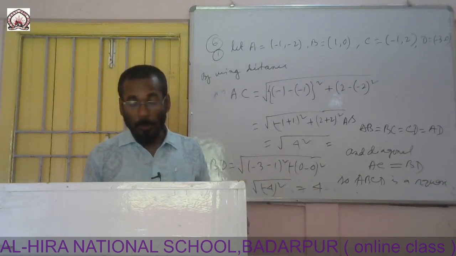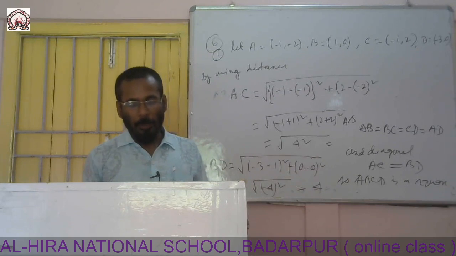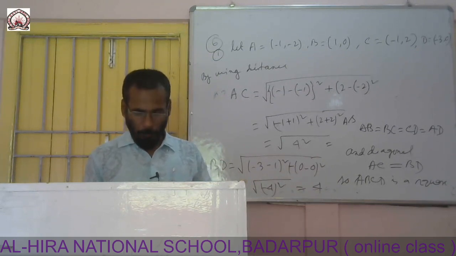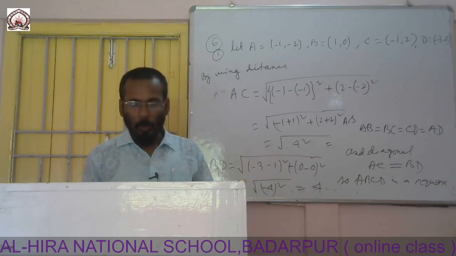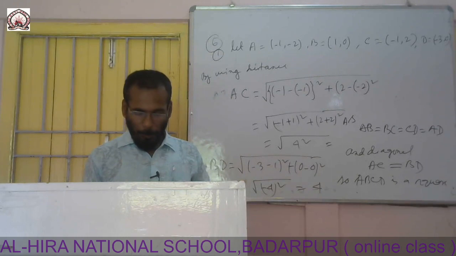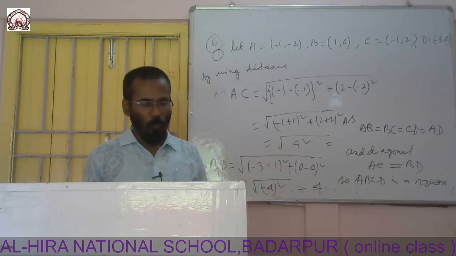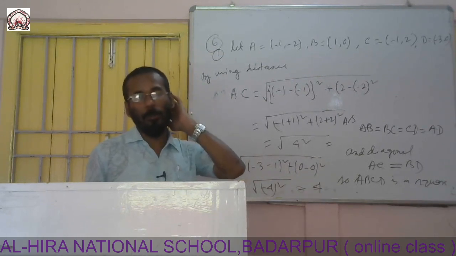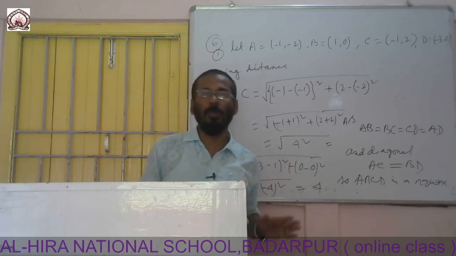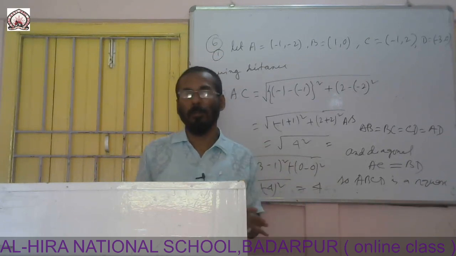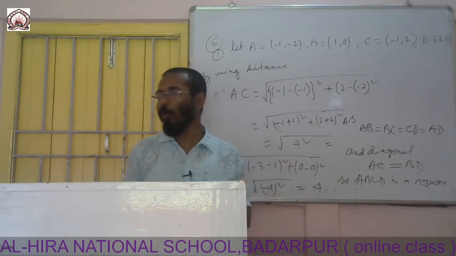Now question number 7. Question number 7 is, find the point on the x axis which is equidistant from the points (2, -5) and (-2, 9). So what does equidistant mean? Equidistant means equal distance.